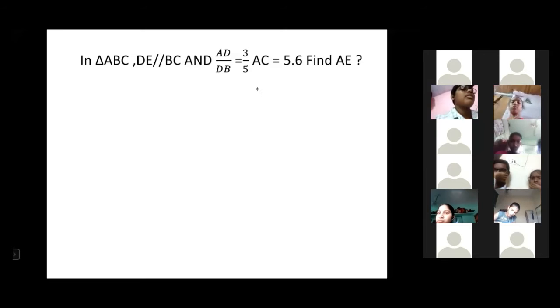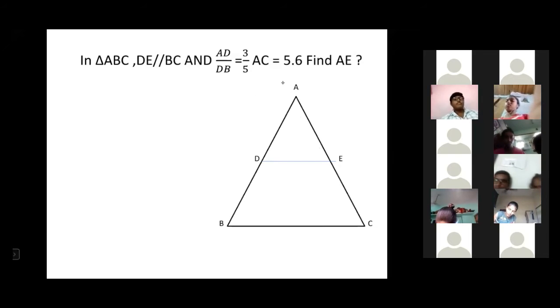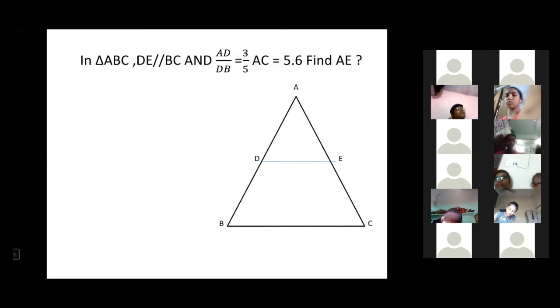Okay, given that in triangle ABC, let us draw triangle ABC. This is a triangle ABC. And given that DE is parallel to BC, here I have drawn a line DE parallel to BC. Now AD by DB is equal to 3 by 5.